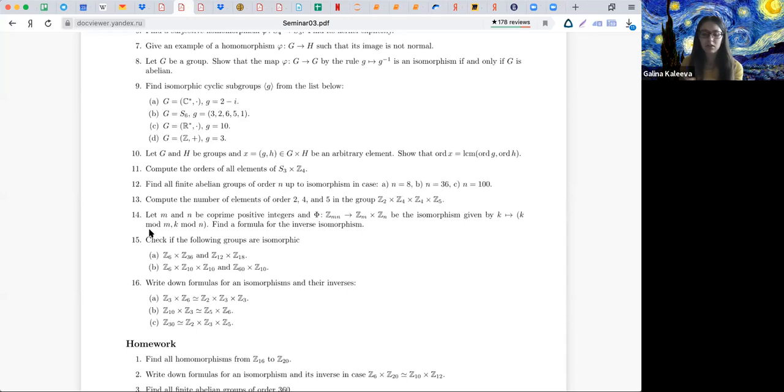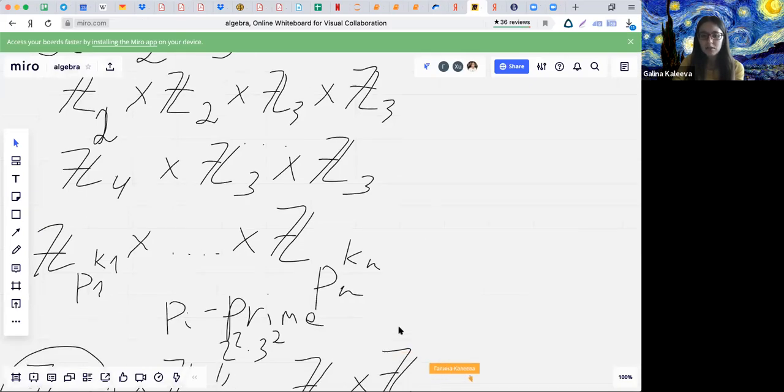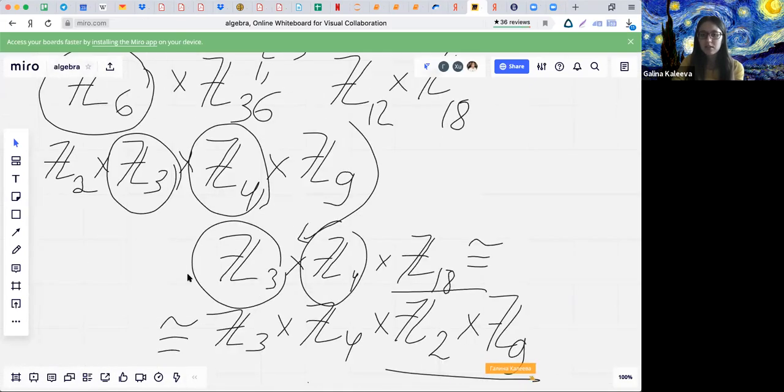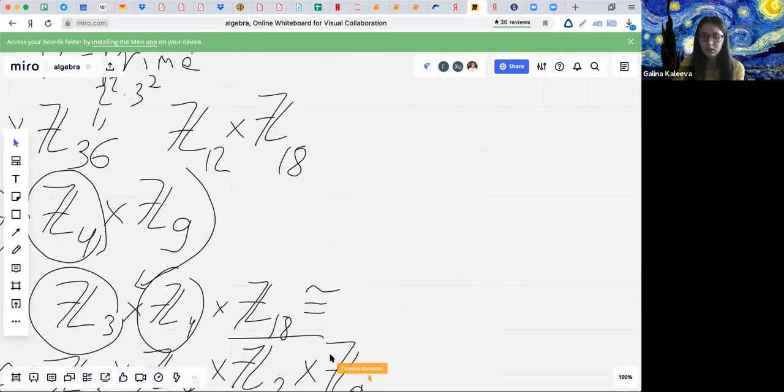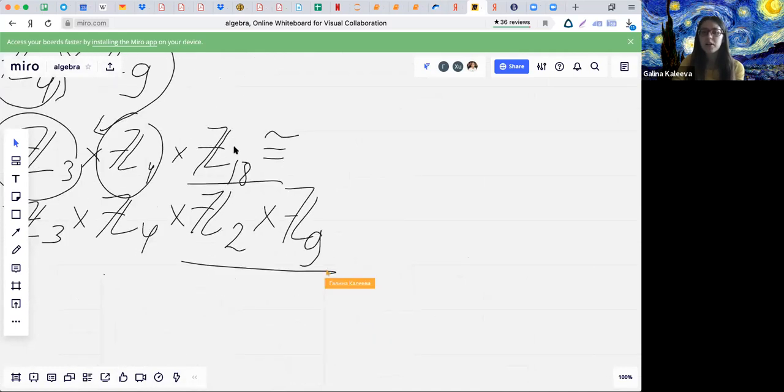And we see that the decompositions are the same. Let's discuss why Z18 is isomorphic to Z2 direct product Z9. Using the same fact, the Chinese remainder theorem, we can construct the homomorphism from here to here, and the inverse homomorphism from here to here, because 2 and 9 are coprime.